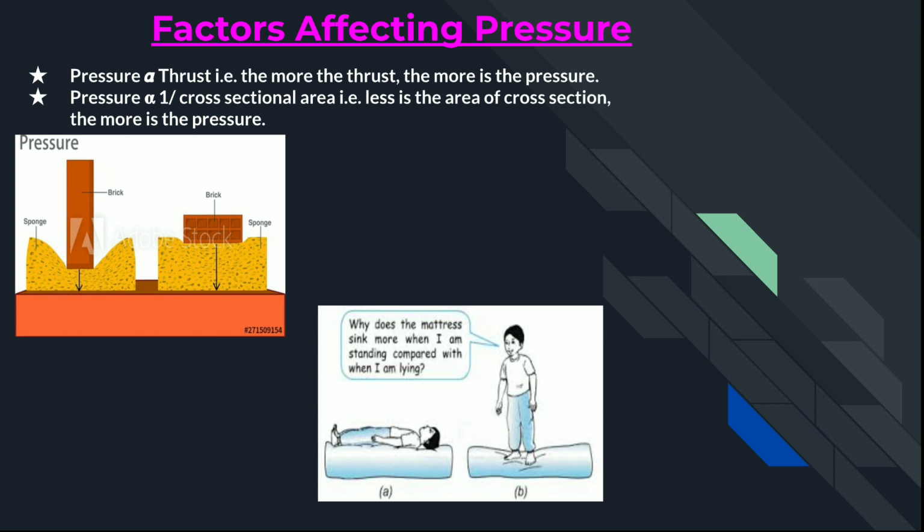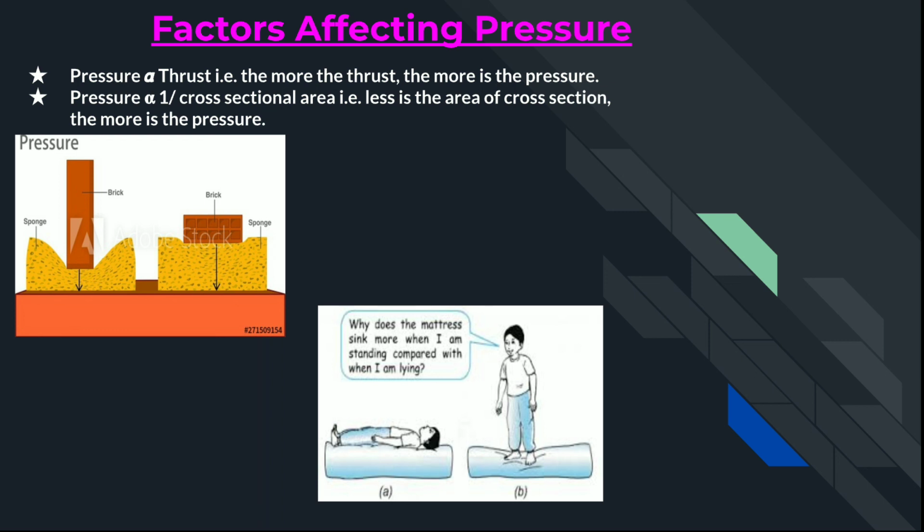Also, when the person is lying down, the cross-sectional area is more, therefore the pressure will be less. In picture B, as the person is standing, the cross-sectional area is less and therefore the pressure will be more.